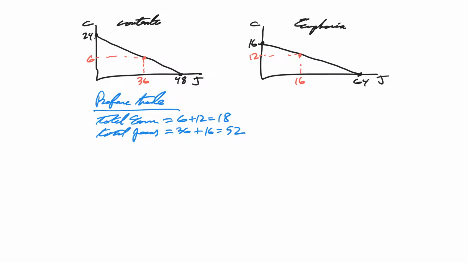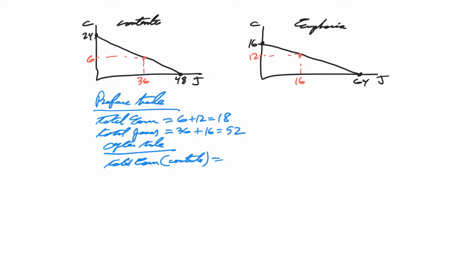Now, after trade, what is the total? Let me write that down. After trade, total corn, and that's all being produced by Contente, right? Because they're the ones specializing in corn.